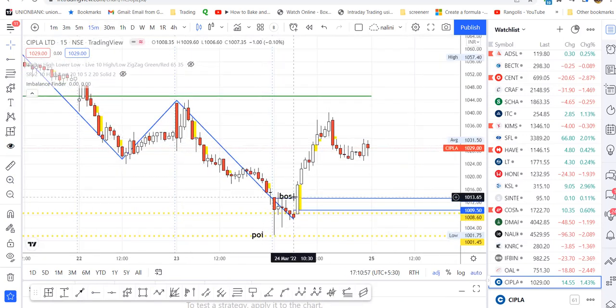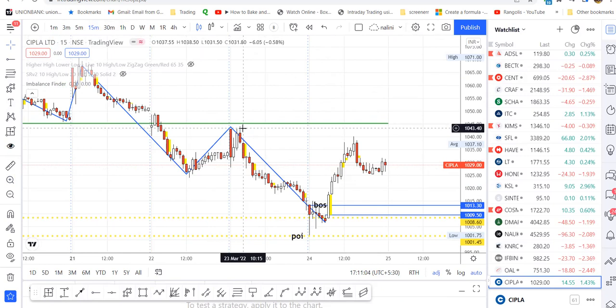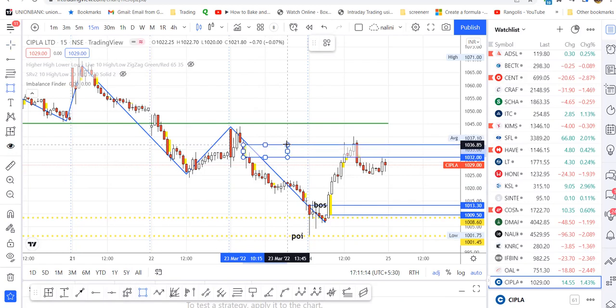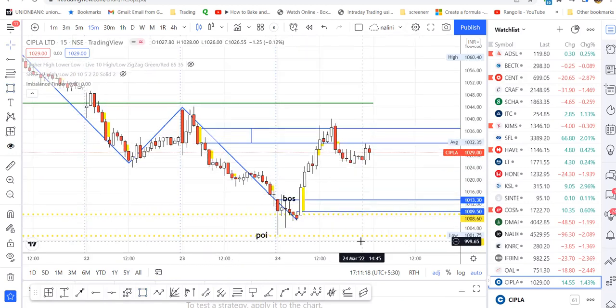After seeing the break of the structure, you should know where your targets are. So this is one order block. You can see imbalance over here. Imbalance at this level. So this should be your target.